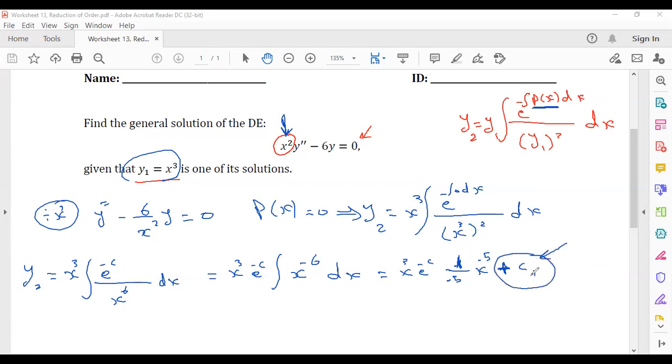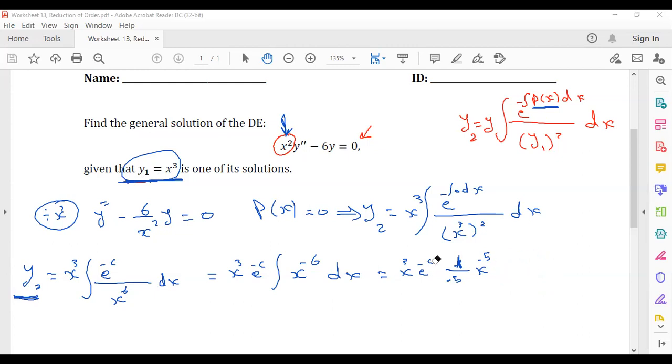No problem, as we agreed, because when you write the general solution, you will multiply by a constant, so don't care. For me, because I'm going to find y2 similar to y1, those are particular solutions, so no need to write this c at all.